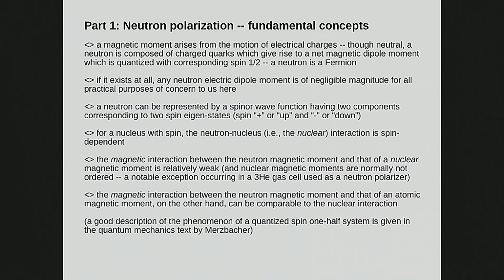So the neutron has a magnetic moment, but it can only be two values, either pointing up in a magnetic field or pointing down in a magnetic field. There ain't anything else, okay? That's all there is.